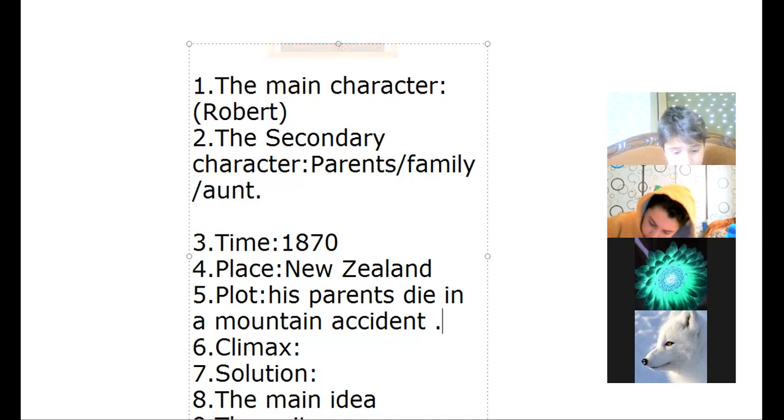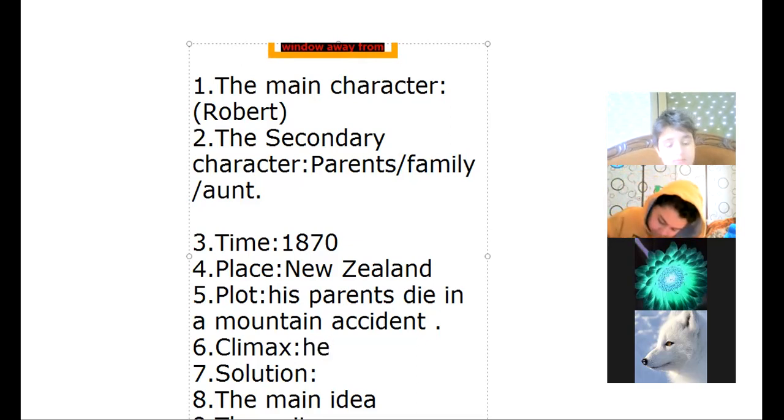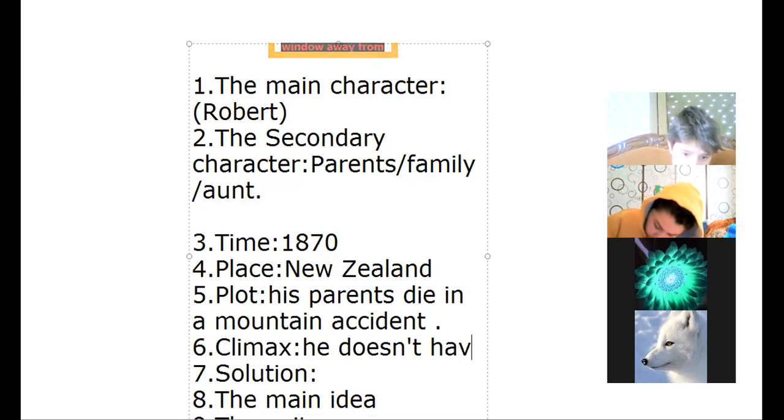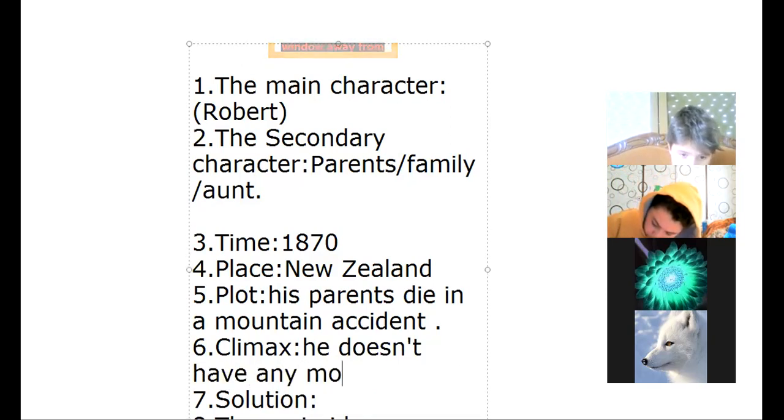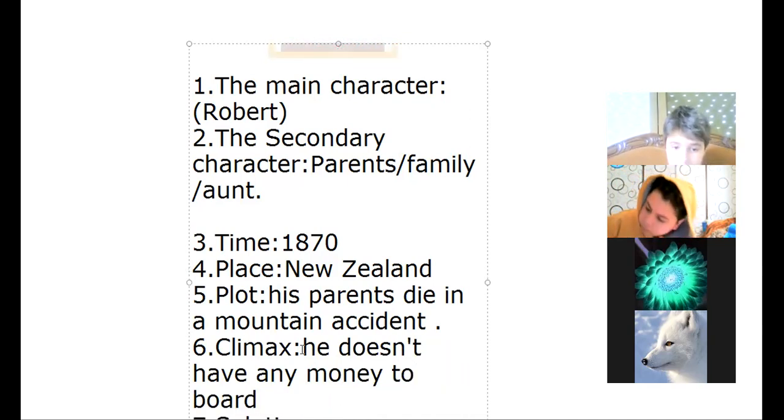Now we have the climax, which is the peak of the problem, when he went to the ship and didn't have the ticket. So number 6. He doesn't have any money to board on the ship.